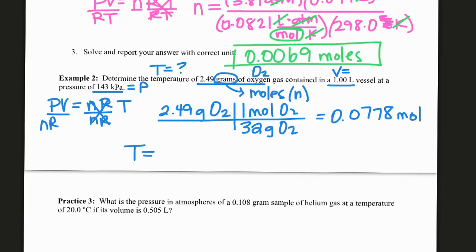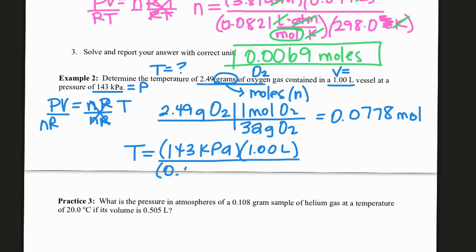Temperature is going to equal, and remember that temperature is going to come out. It doesn't specify it has to be in Celsius, so I can leave it in Kelvin. So I'm going to plug in what I have. I have 143 kPAs times my volume, which is 1.00 liters, over my n, which we just found, 0.0778 moles, and then the R value.